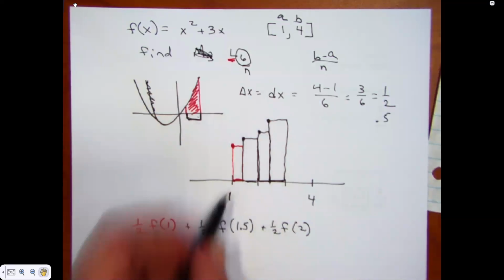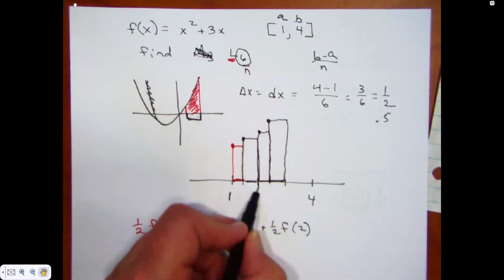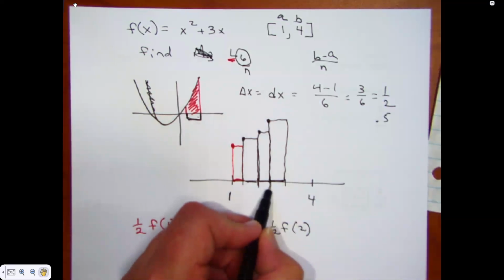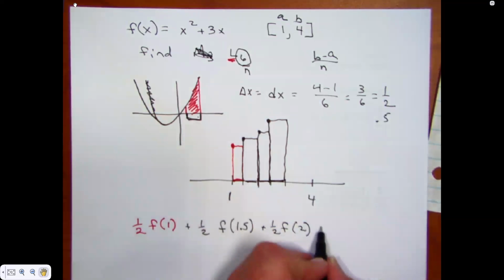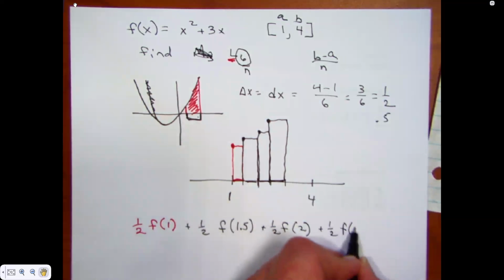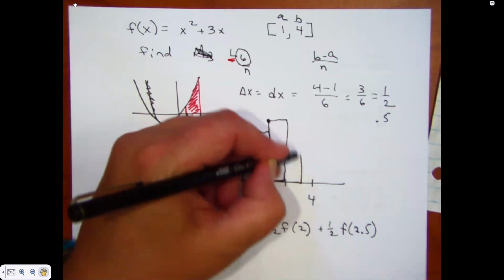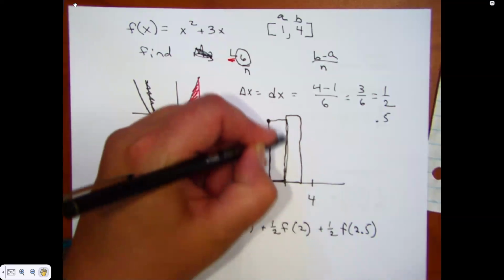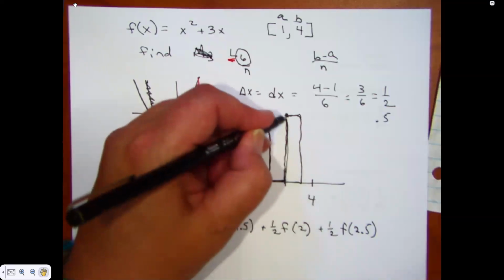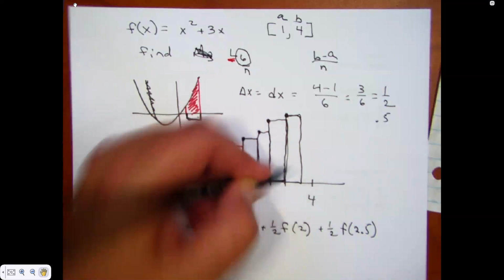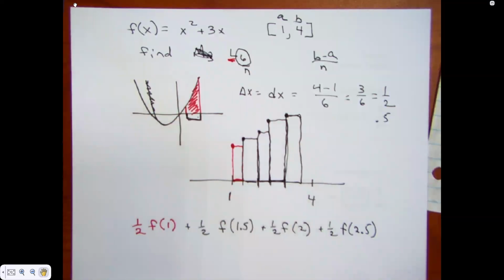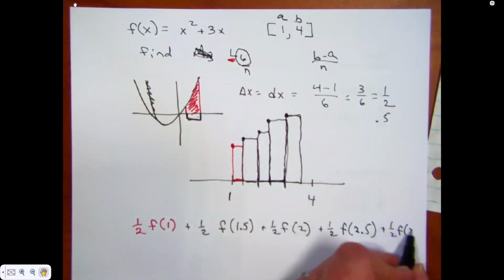And what is that x value? So this is 1.5, and this is 2.5. Yeah, 2.5. All right, and then we go 1/2. As long as I understand that this rectangle correlates with this corner, and that is an x value of 3. And you kind of start to see a pattern.